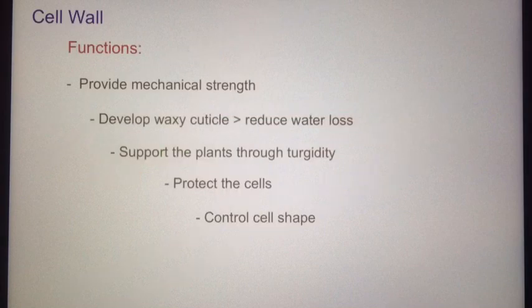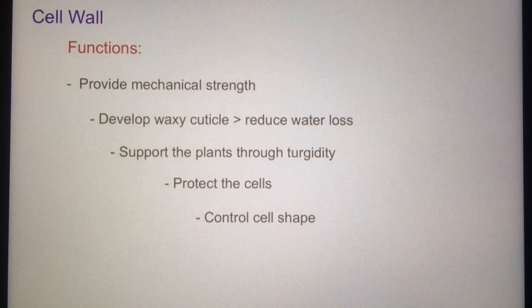Now we are going to look at the function of cell wall. Cell wall provides mechanical strength and support for cells and the plants as well, and lignification even increases the strength of the cell. Cell wall also develops some waxy cuticle, which is used to reduce water loss and risk of infection towards the cell.